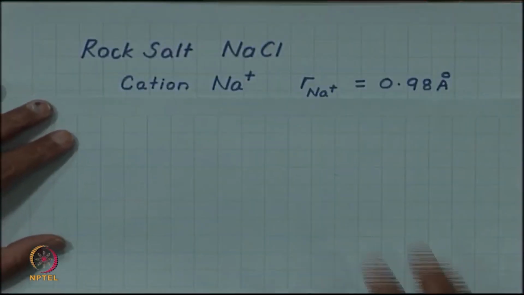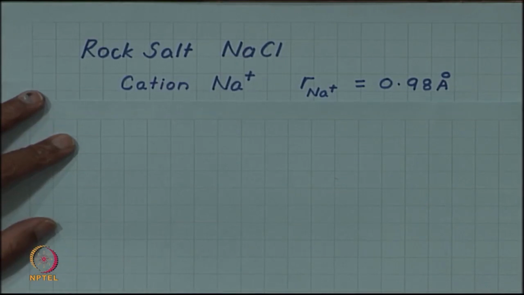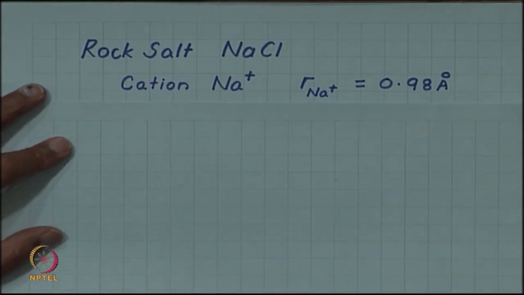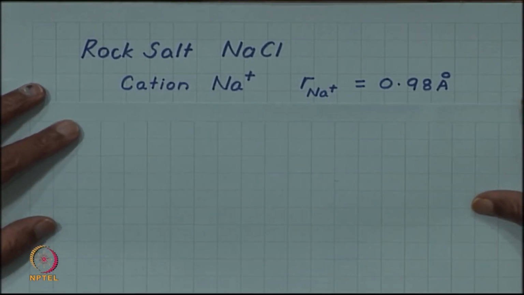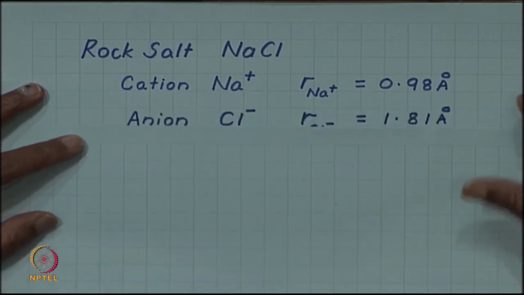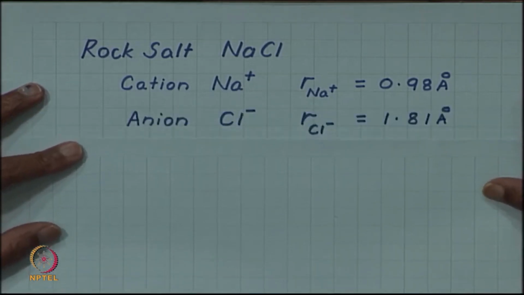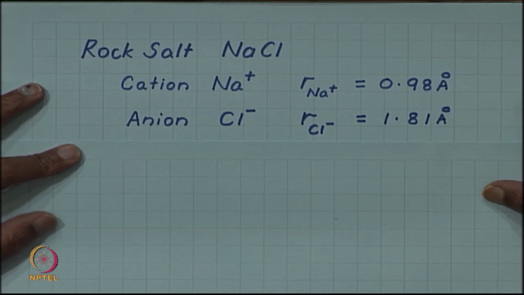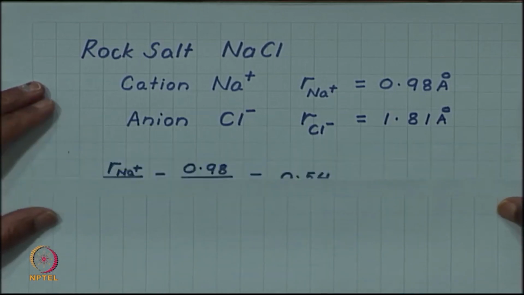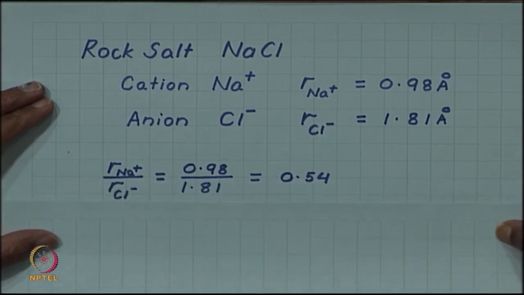In sodium chloride, the cation is Na plus, the sodium ion with a radius of 0.98 angstrom. The anion is chloride ion Cl minus with a radius of 1.81 angstrom. If we calculate the radius ratio, we get a value of 0.54.